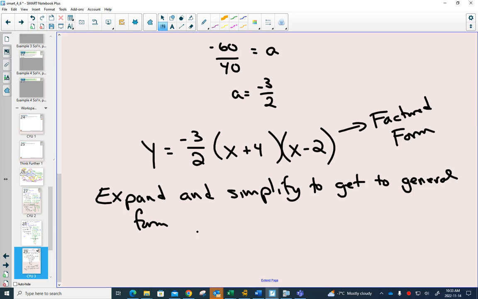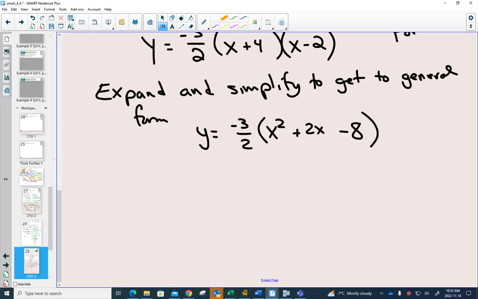So you're multiplying three things. I'm going to choose to multiply the x plus 4 and the x minus 2 first. That will give me x squared for my first terms, minus 8 for my last terms. My outside and inside will be 4x minus 2x, which is plus 2x. And then I can distribute the negative 3 over 2 to each one.